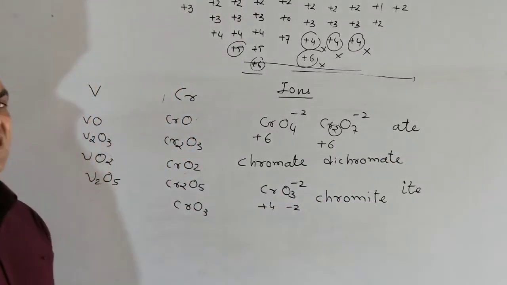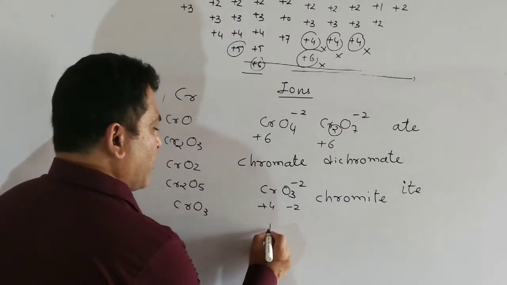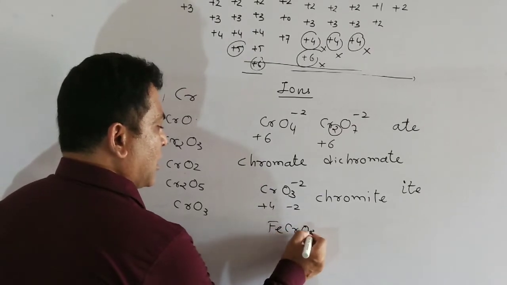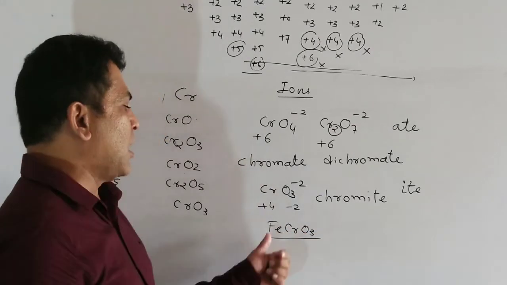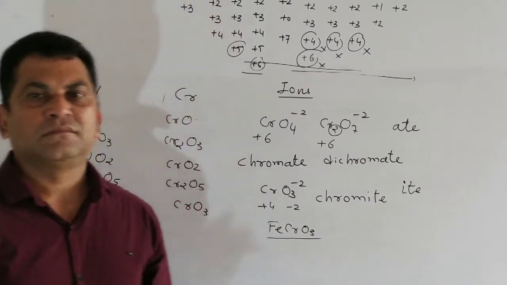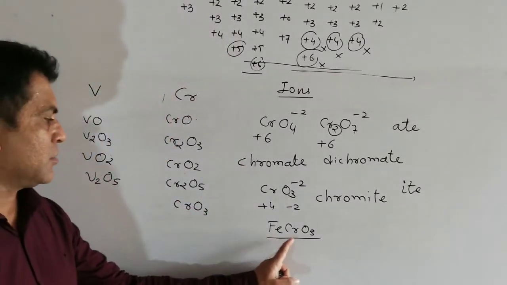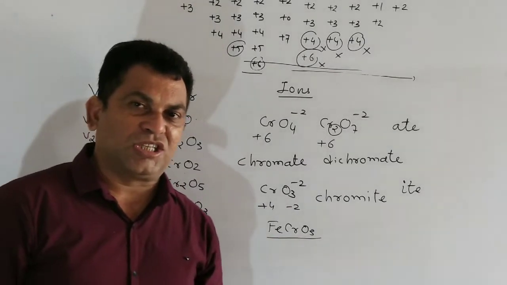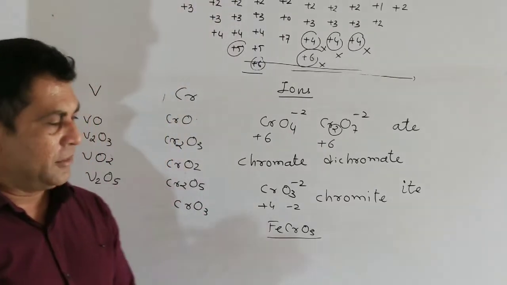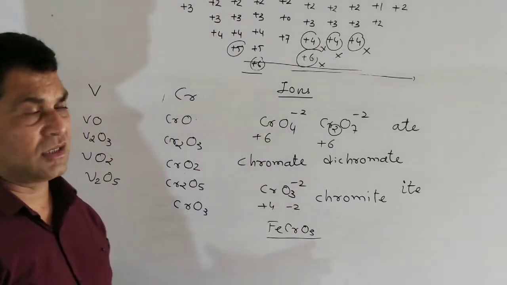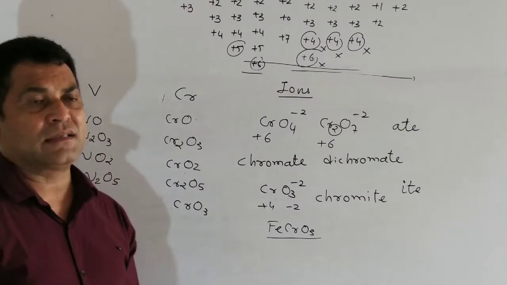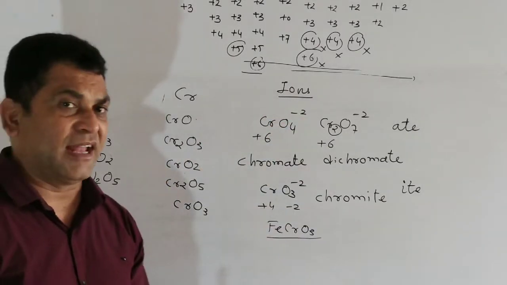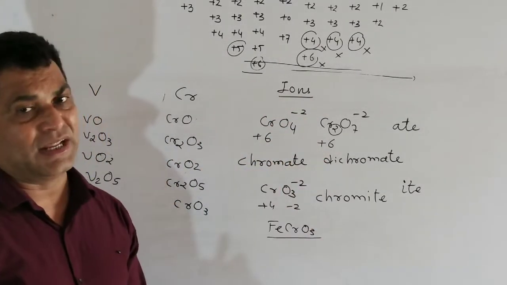Okay, so FeCr2O4 is something you will hear in the future. This is nothing but the iron chromite compound. So this is our topic about nomenclature. The chromium ions have this kind of positive and negative compounds.